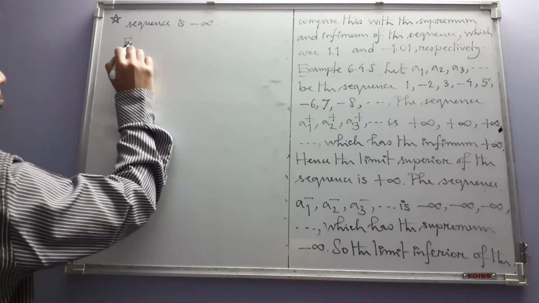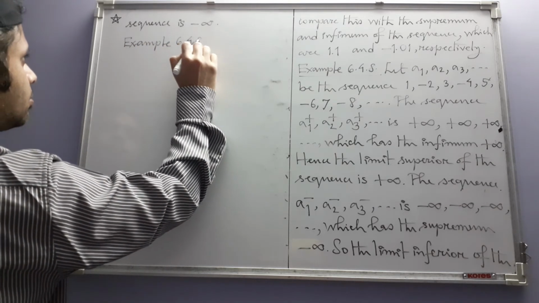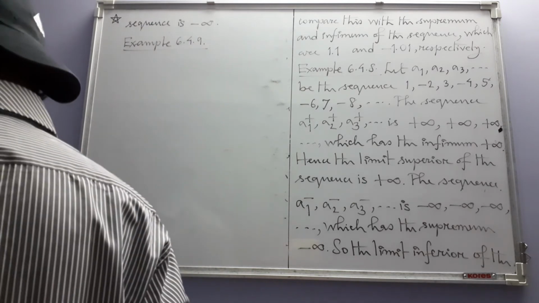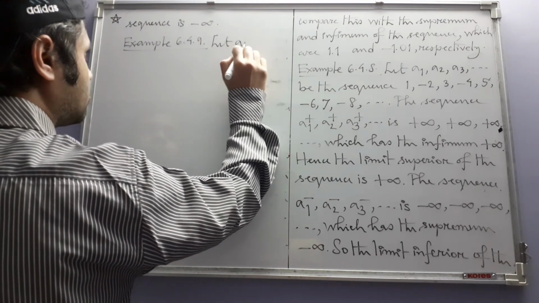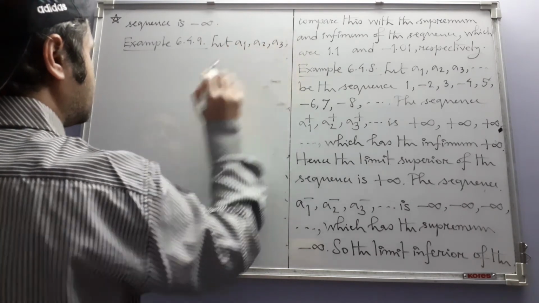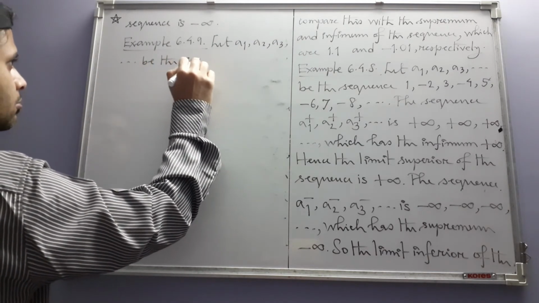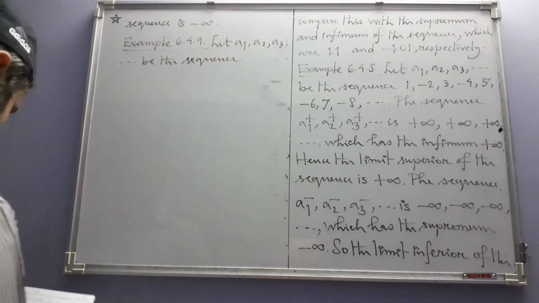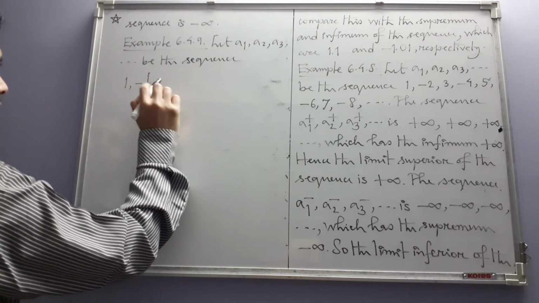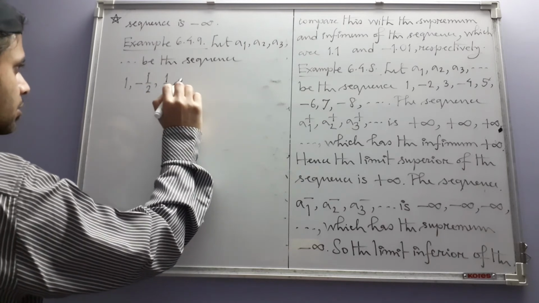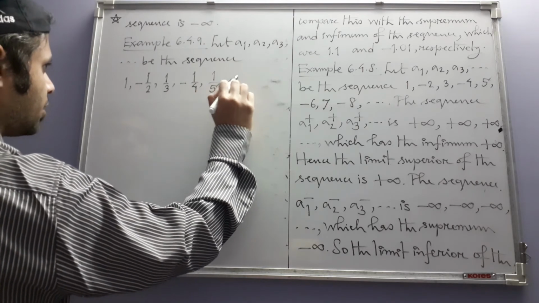Then example 9. Let a1, a2, a3, etc. be the sequence 1, minus 1 over 2, 1 over 3, minus 1 over 4, 1 over 5, minus 1 over 6.